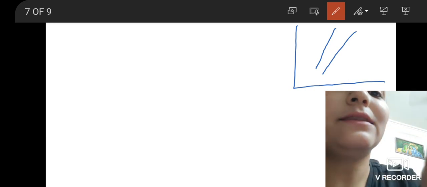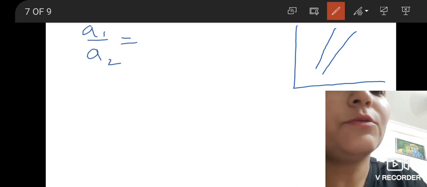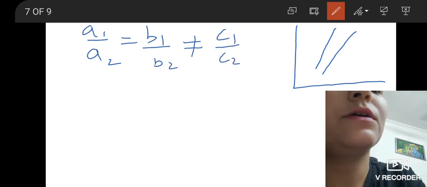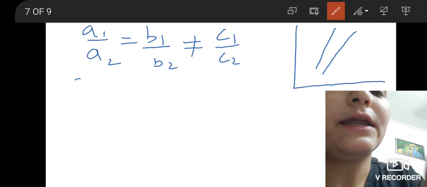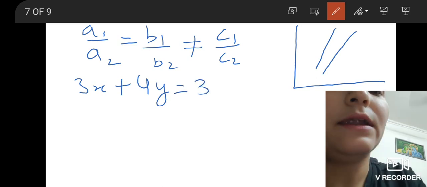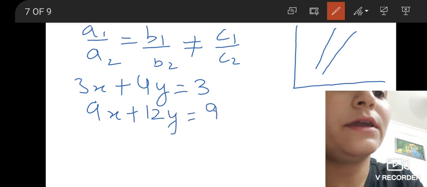Parallel lines have conditions: a1 upon a2 is equal to b1 upon b2 but is not equal to c1 upon c2. You can take any equations like this: 3x plus 4y is equal to 3 and 9x plus 12y is equal to 8.